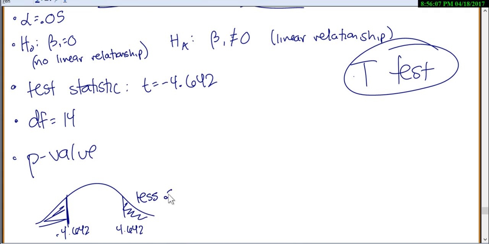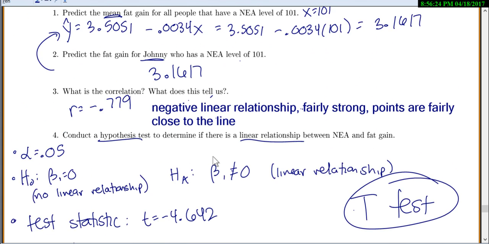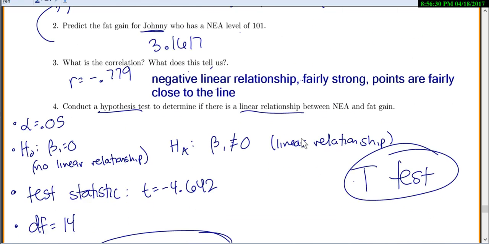This side is less than 0.0005, so if I add those together, my p-value is less than 0.001. Now it turns out, I could have just looked up here. The p-value specifically is 0.0004.